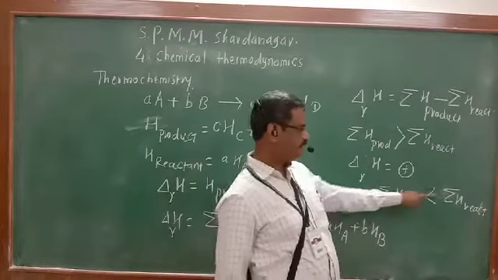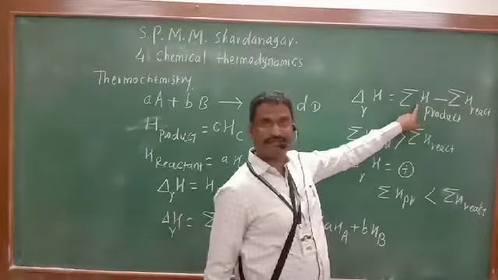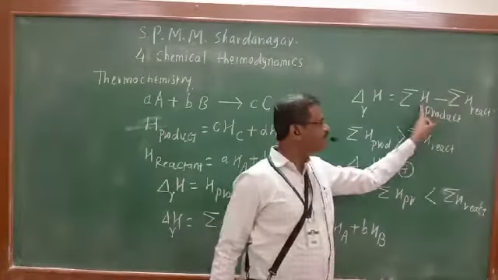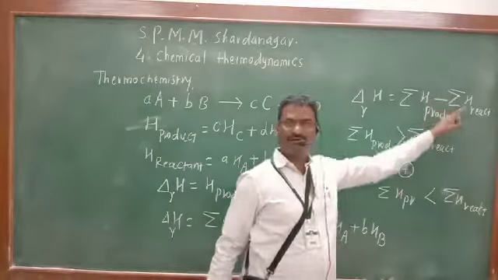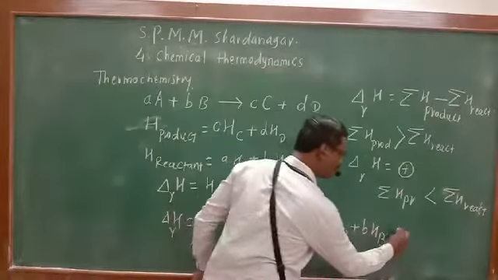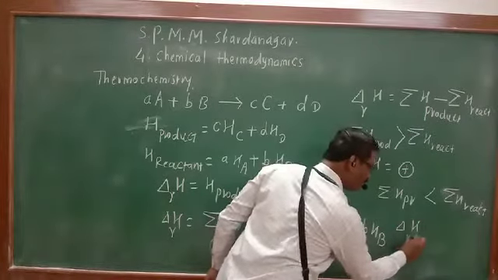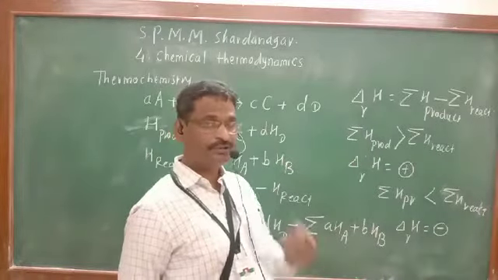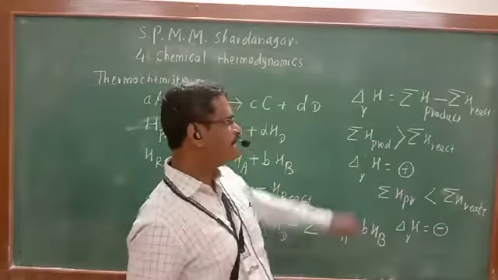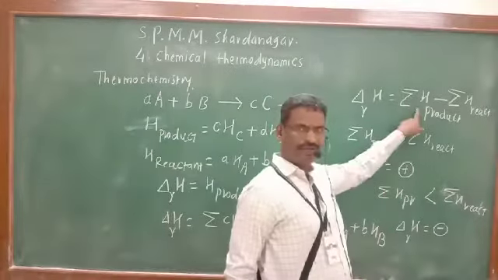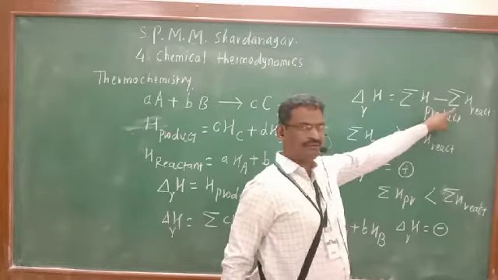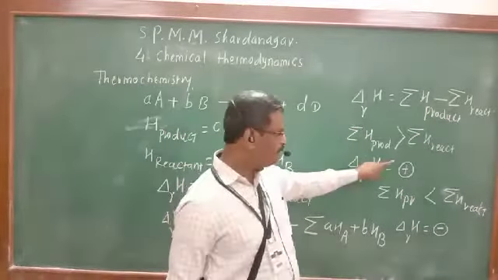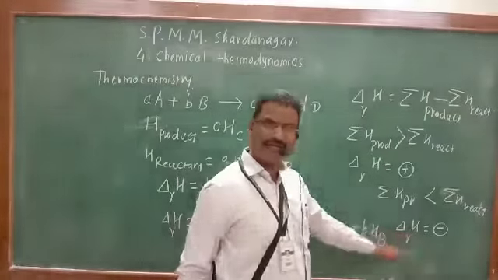Product is less than reactant, so this is 90 and this will be 100, or this is 99 and this will be 100. What is the answer for delta H? Delta H of this reaction is always negative. So depending on the enthalpy of product and the enthalpy of reactant, the value of enthalpy of reaction may be positive or negative.